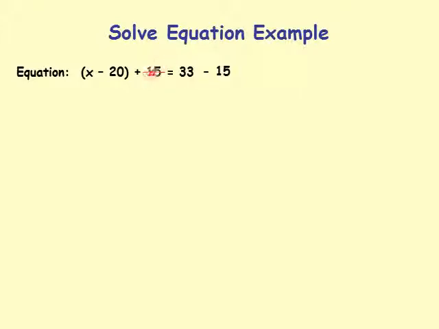So we're going to move that across the equal sign, and this is an added term, it becomes a subtracted term. So we move plus 15 from the left, which gets transposed to negative 15 on the right. Let's continue here. Now x minus 20 is left here. Okay, first the right side is 33 minus 15, which is 18.